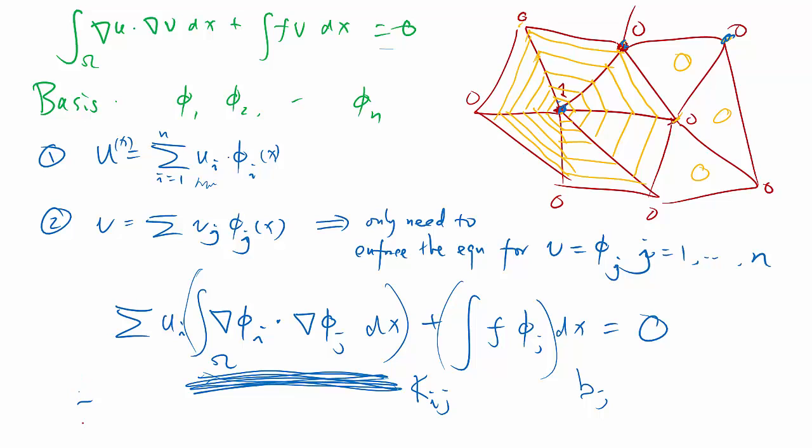We'll be splitting the integration of grad phi i, grad phi j into an integration over e_k.